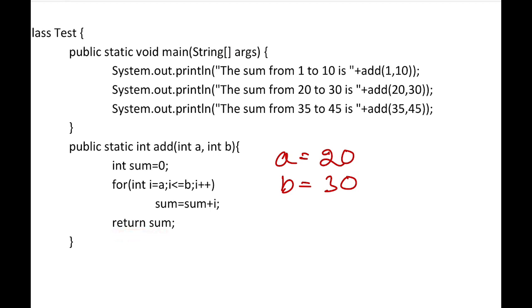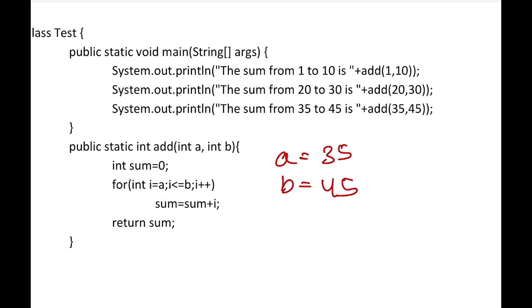Now when this statement again executes, System.out.println the sum from 35 to 45 is add(35, 45). When this add method is again called here, the control comes to this method and now the value of a becomes 35 and the value of b becomes 45.